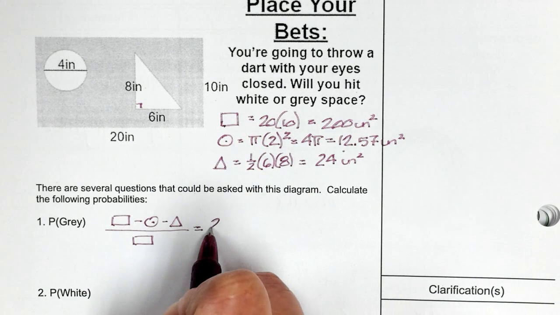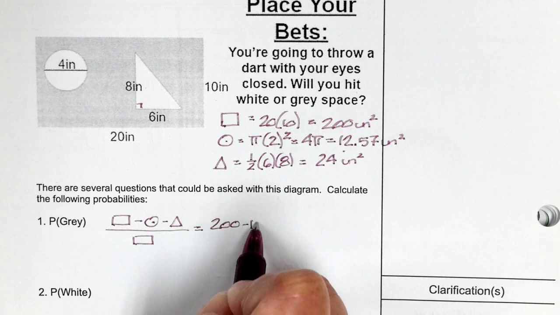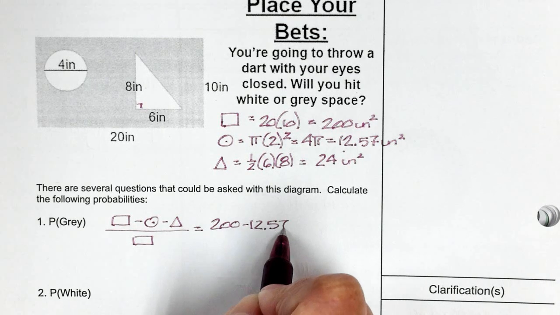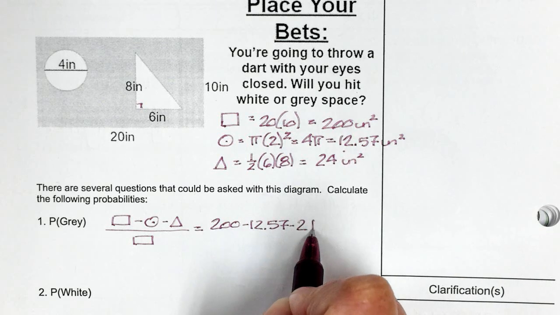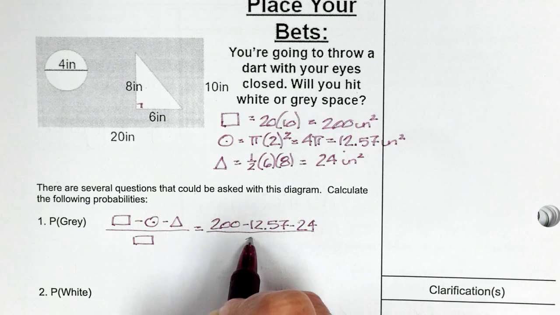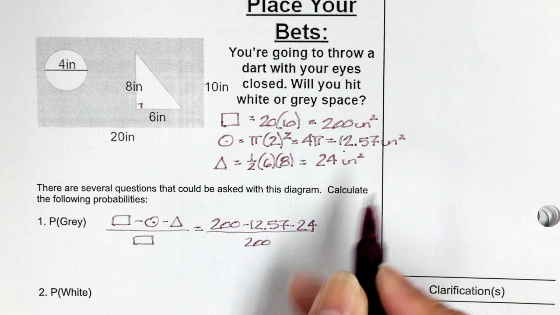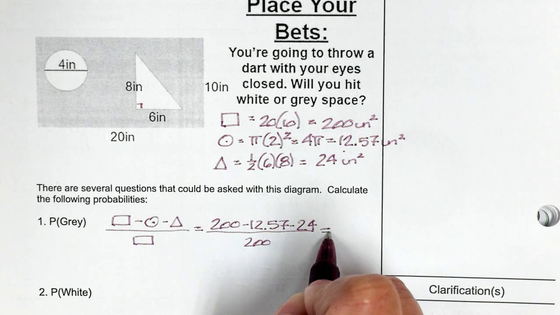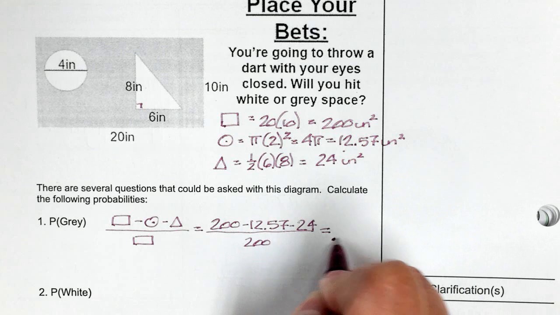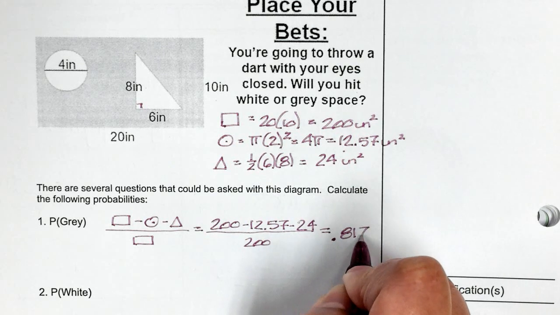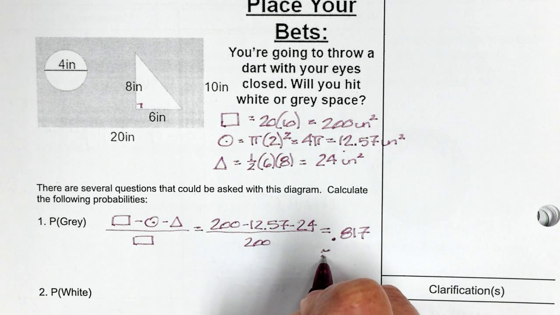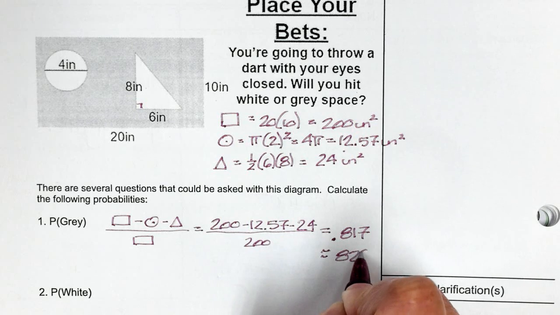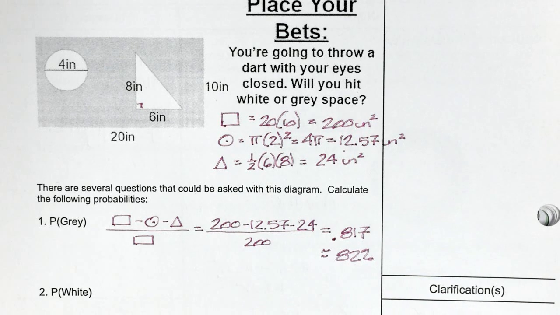We plug in our values, 200 minus 12.57 minus 24 all over 200. I'm going to put this in decimal form. You get 0.817, or approximately 82% chance of hitting the gray area.